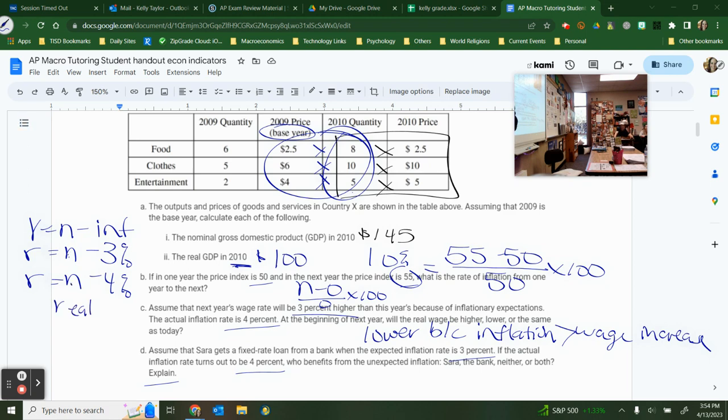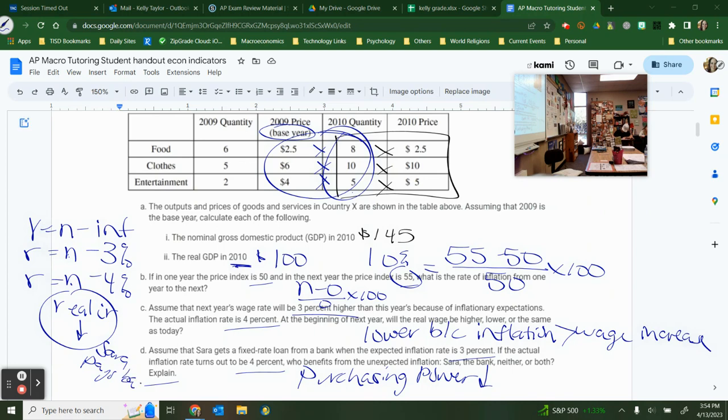So the real interest rate actually went down, which means she is paying back less. So you could talk about the purchasing power having gone down, or you could write this out and say Sarah pays back less money in real terms, and therefore she gains. And the question is who benefits? Well, Sarah, because she is paying back less money than what she borrowed.